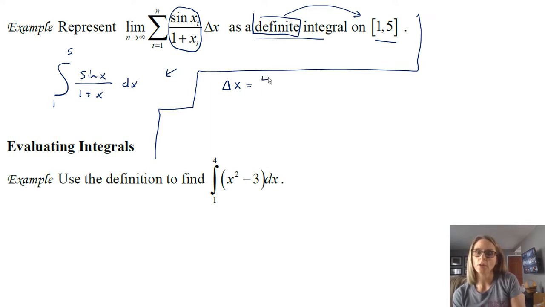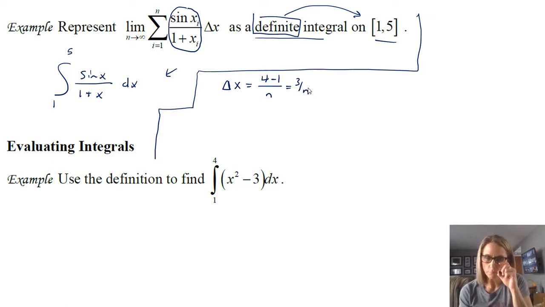So the idea here is b minus a, because it goes from 1 to 4, over n is just 3 over n. Okay. And we're using n because we're talking about the idea of that definition from the first page, where we're looking at the limit as n goes to infinity of all these rectangles. So now I'm just creating this general idea of, we're using n, and then what happens as n goes to infinity.